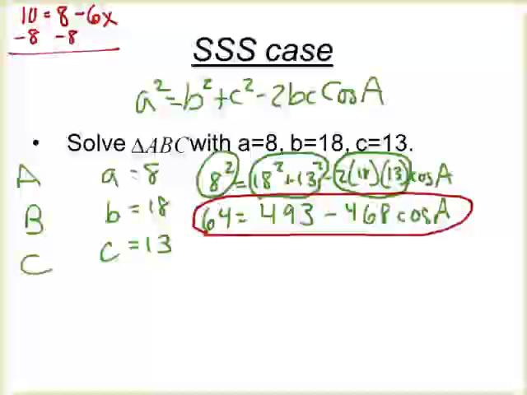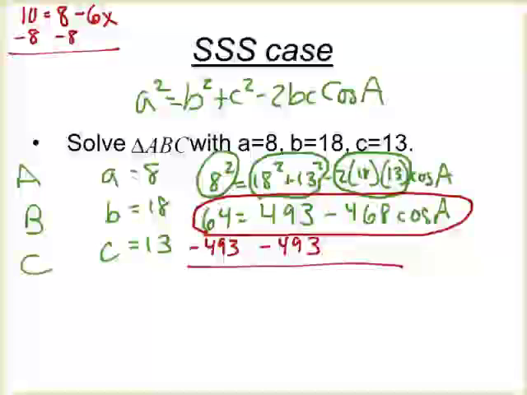You cannot do 493 minus 468. Eventually, if you do that, you will get an error in this question. Your calculator will say error. Okay, so we cannot do that here. We have to solve this problem like that other one, subtracting 493 from both sides. Can you do plus 468?